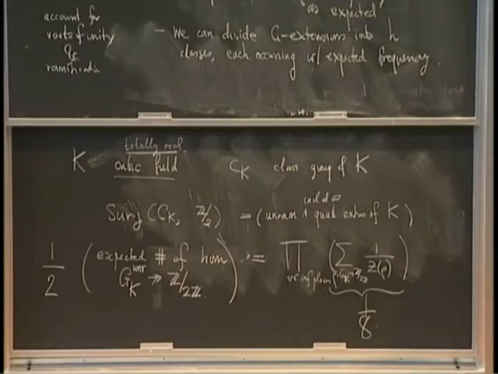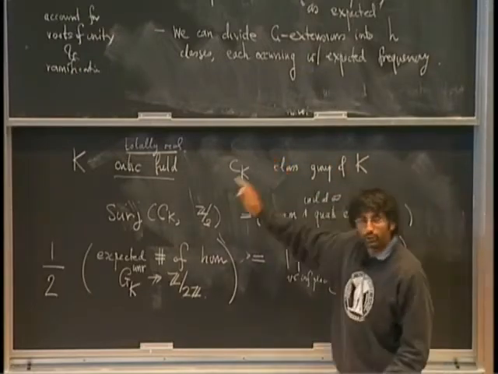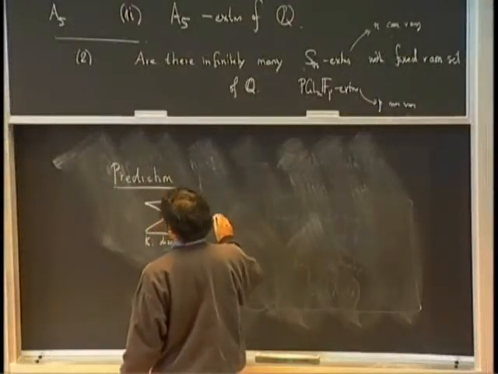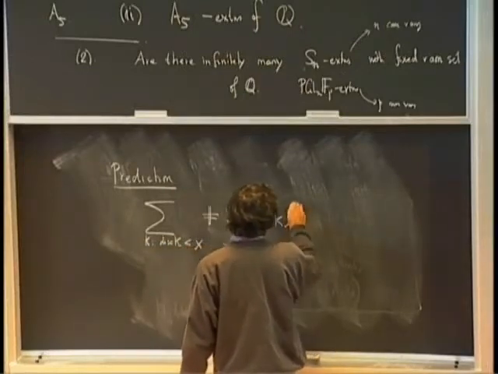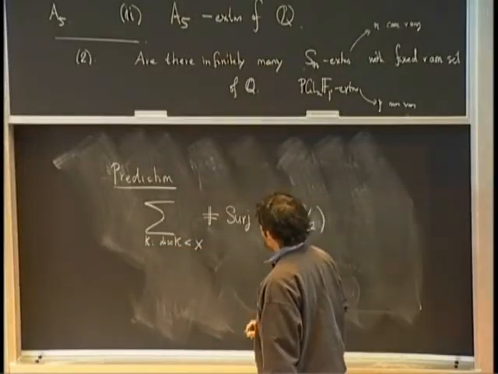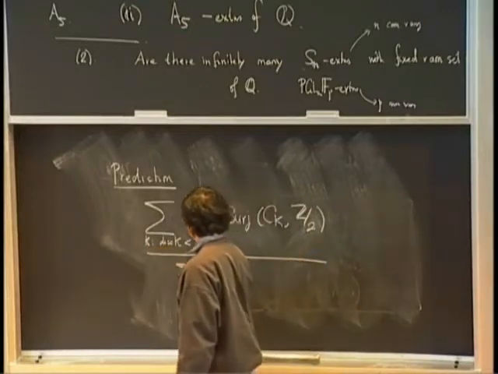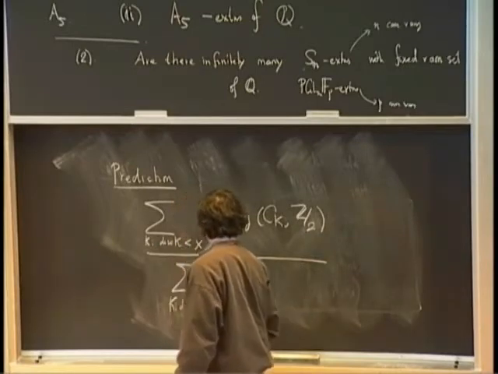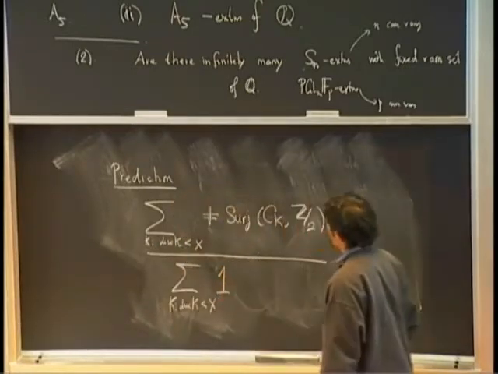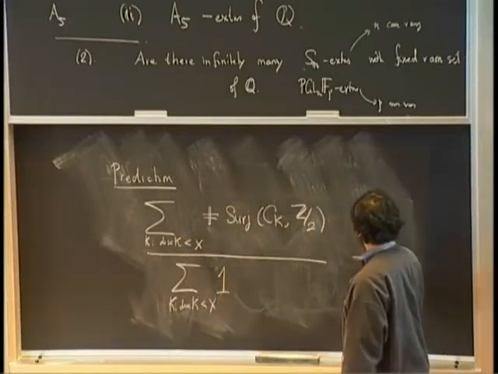The prediction is that, averaging over cubic fields, the sum over totally real cubic fields with discriminant less than x of the number of surjective homomorphisms from the class group to Z mod 2, divided by the number of fields, should approach 1/4.